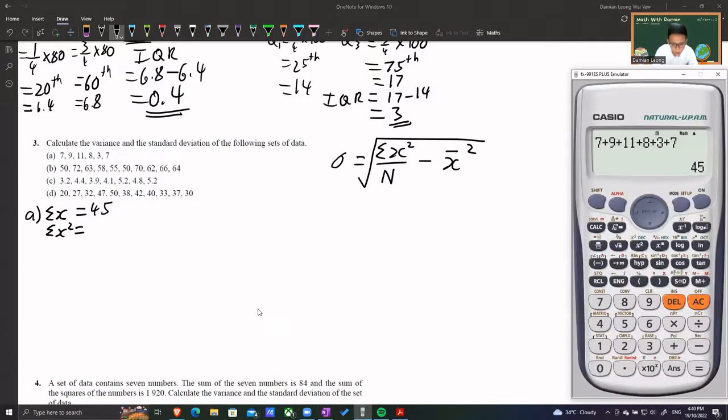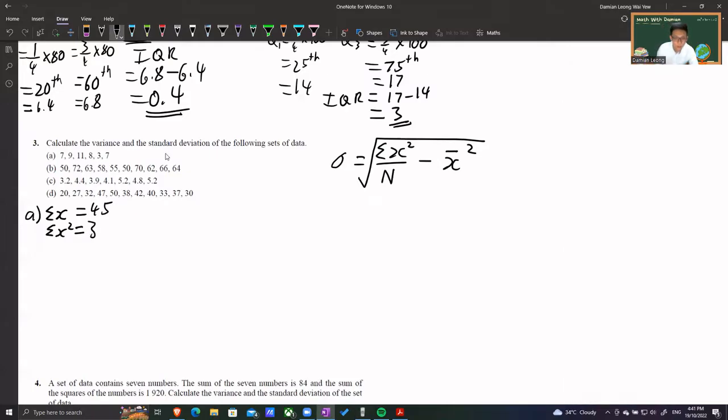Sum of x squared means each value squared: 7 squared plus 9 squared plus 11 squared plus 8 squared plus 3 squared plus 7 squared. Then I get 373. There are 6 values here. So I can find the mean first, or I can straight away put it in. It doesn't really matter.